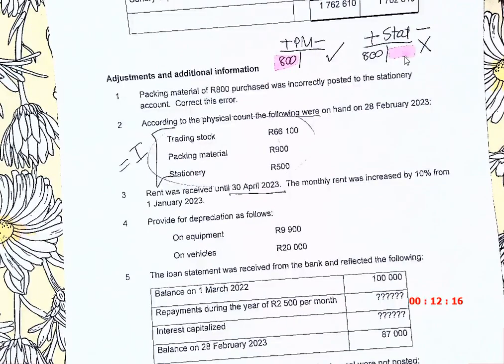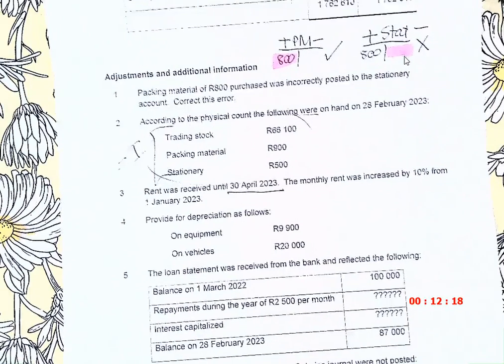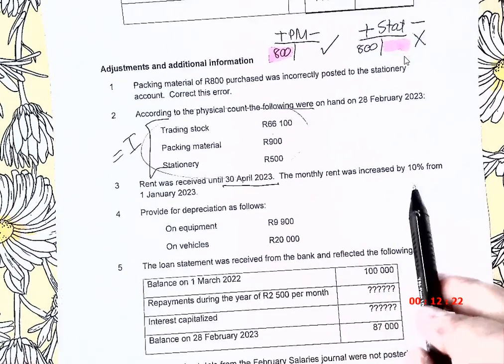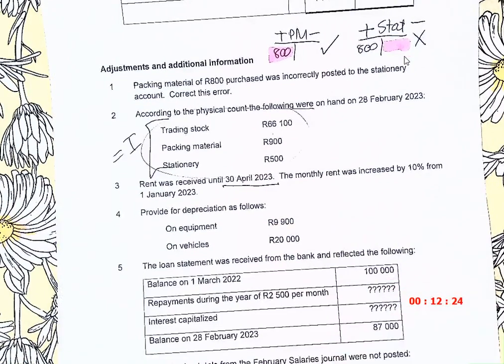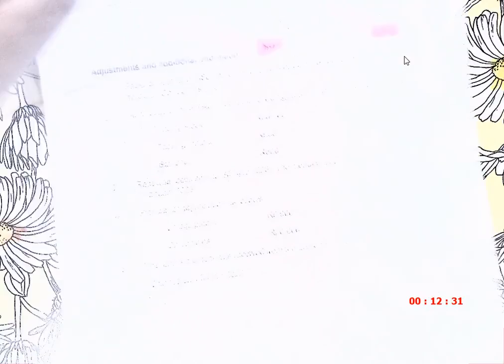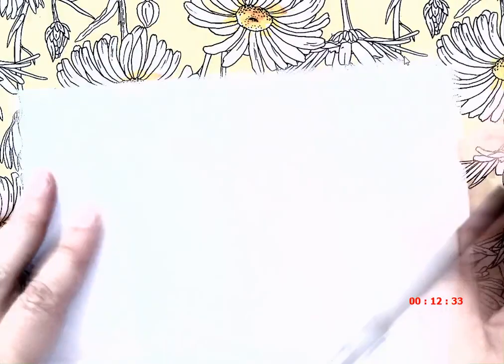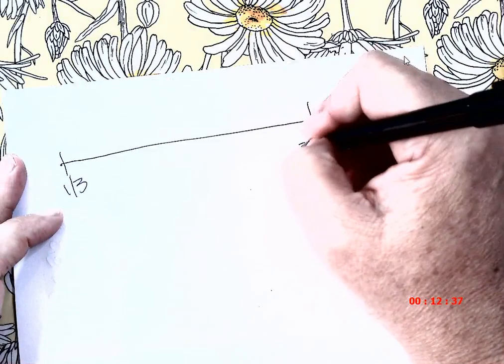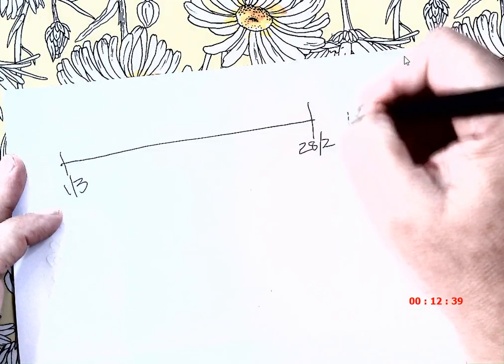And now I need to calculate. So they say to me, rent was received till April. The rent increased 10% from 1st Jan. So what do I do? I go see my year. Okay, let me just get everything away. My year is 1st March to 28 Feb.